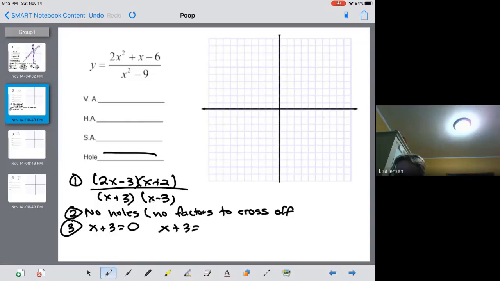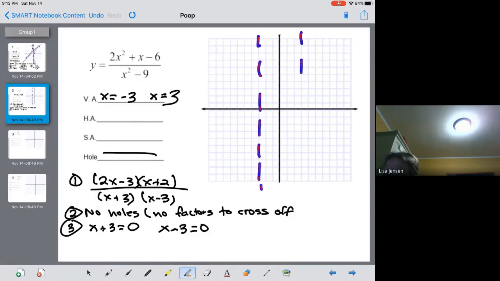So I'm going to set both of them equal to 0 and solve that. So we end up with x equals -3 for one vertical asymptote and x equals +3 for another. So I'm going to go ahead and copy that in, put in the asymptotes, okay?